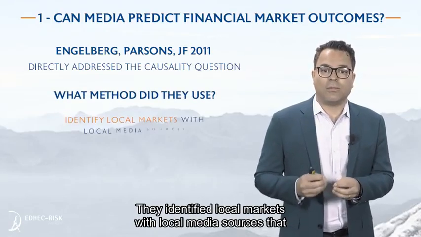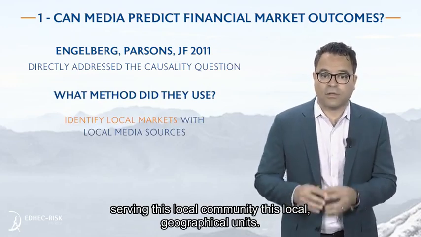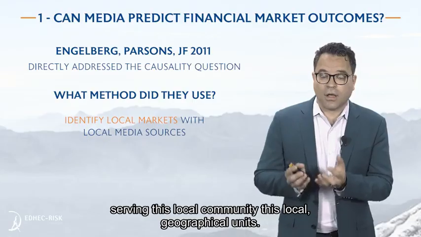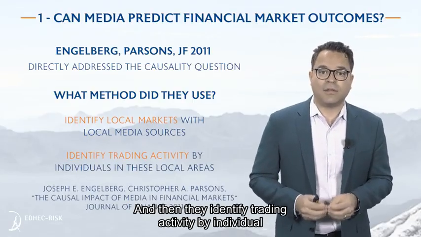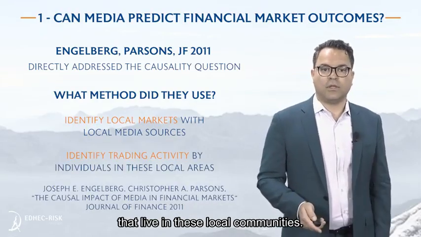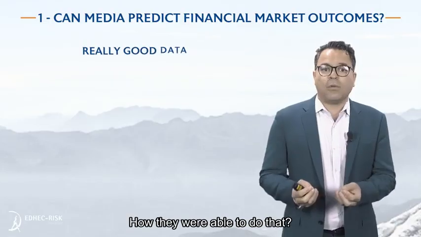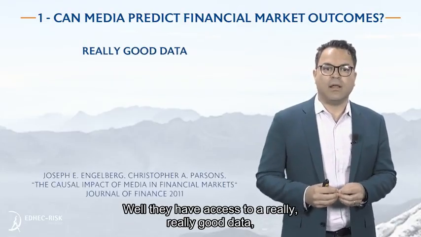They identify local markets with local media sources that serving these local communities, these local geographical units. And then they identify trading activity by individuals that live in these local communities. How they were able to do that? Well, they have access to really, really good data.